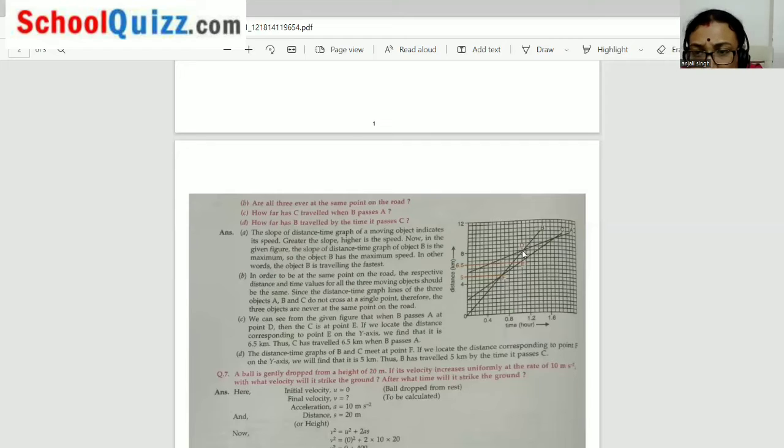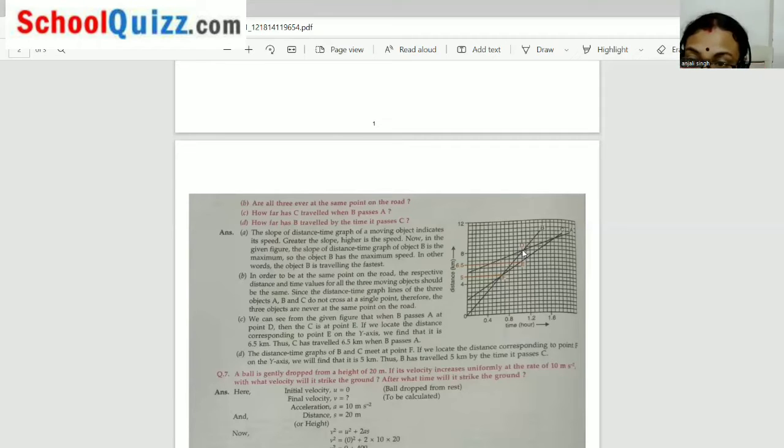Sorry, they are intersecting at point D. So at point D, how much has object C traveled?